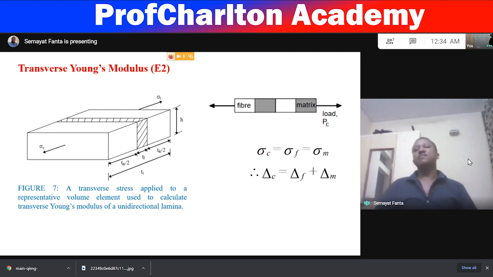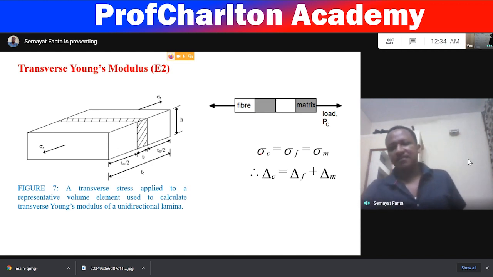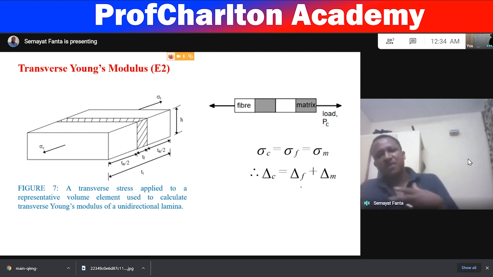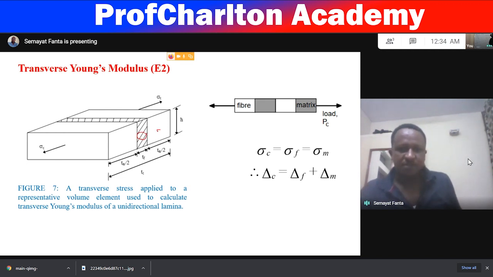So in this case, the stress in the composite is equal to the stress in the fiber, and it is equal to the stress in the matrix. That means the deformation of the composite is the sum of the deformation of the fiber plus the deformation of the matrix. You see, when the load is applied in this direction, it is the deformation of this fiber plus the deformation of this matrix.